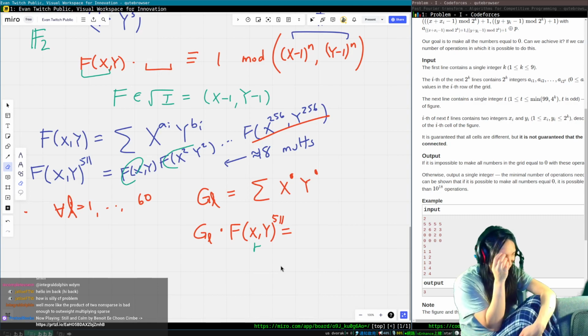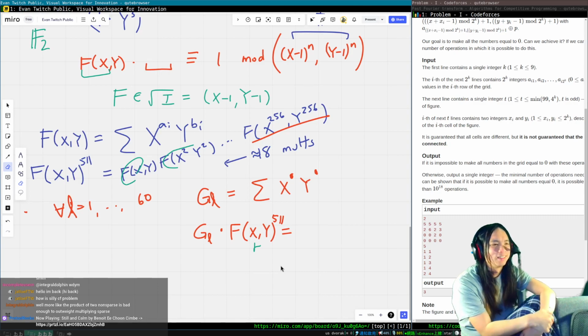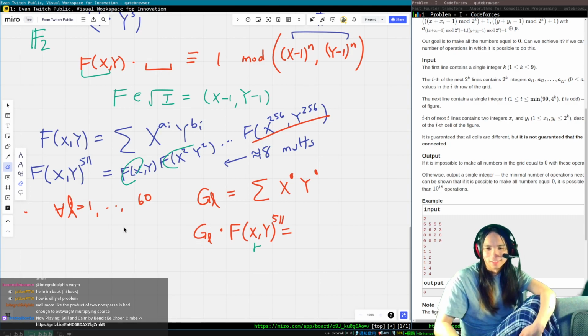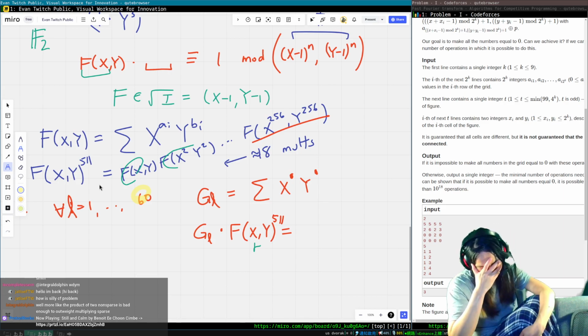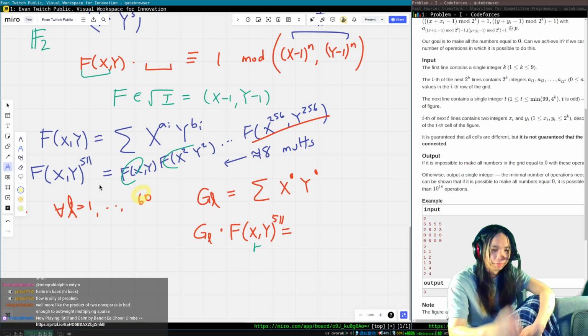Okay. It feels a little sad to me because you would prefer to pre-compute f to the 511 in some sense, but it's not possible if you do it that way. Okay. Alright. Fine.